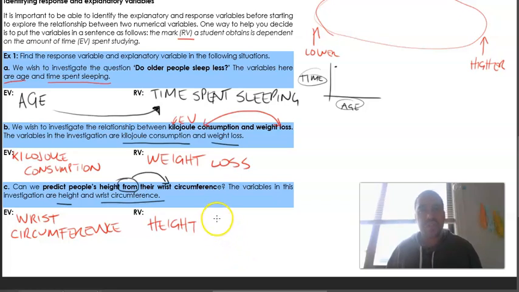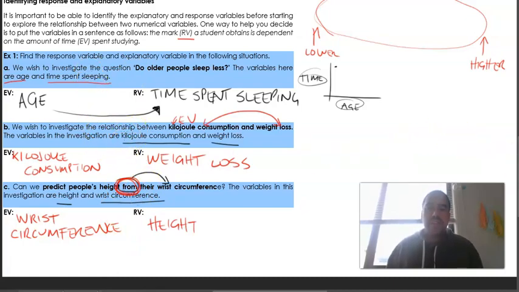And then someone has a bigger wrist, you can say, yeah, they're tall. But you can't necessarily determine the wrist circumference of someone if given their height. Okay. Now, again, another one of these ones seems like they work and they're irreversible, but this is not the case, especially when the question specifically says from.